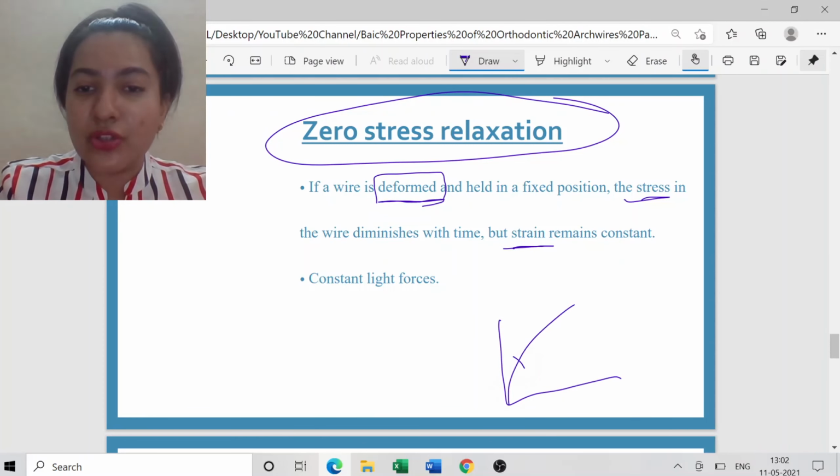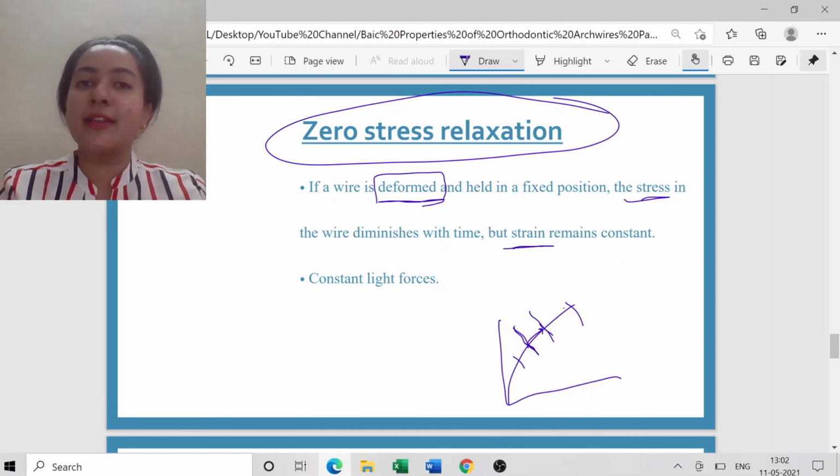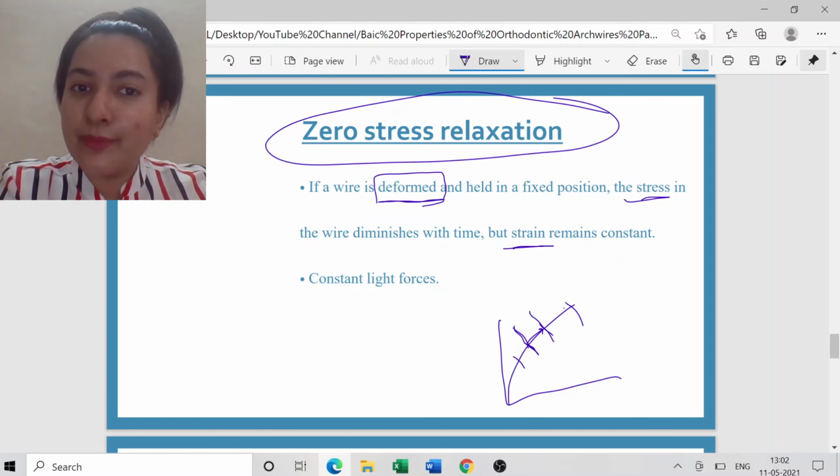This is the proportional limit, elastic limit, yield strength, and your rupture point. Up to here is elastic strain, the maximum amount of force which can be generated. Beyond that, my wire becomes deformed. It doesn't come back to its original shape, size, and position.